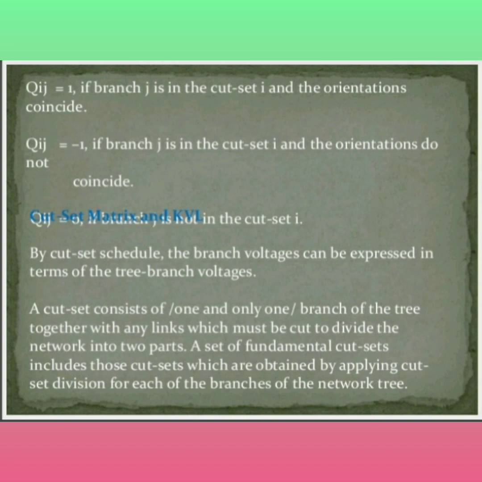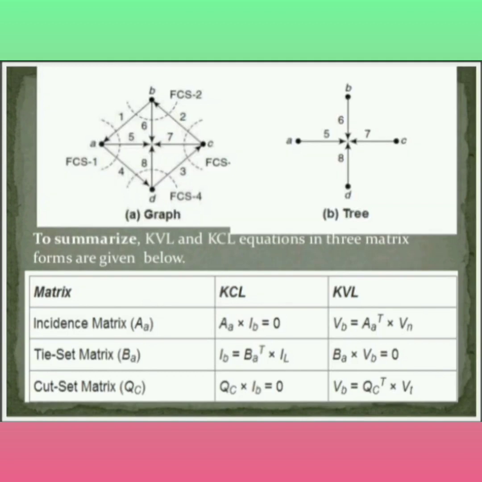A set of fundamental cut sets includes those cut sets which are obtained by applying the cut set division for each tree branch. Given a circuit diagram, draw its graph and tree, and find the incidence matrix, tie-set matrix, cut-set matrix, and its KVL and also KCL.